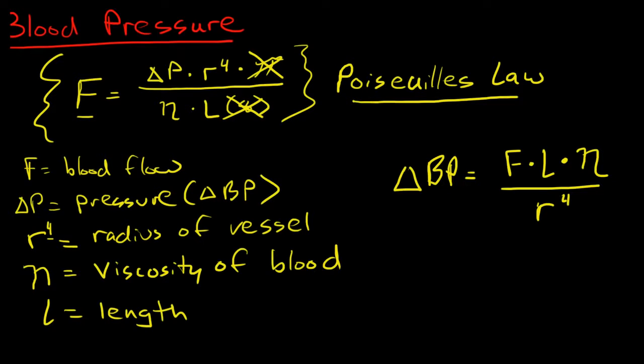Well, if you wanted to go through the trouble, you could calculate someone's blood pressure that way if you knew the total length of the vasculature, the amount of blood flow, which is going to equal cardiac output, right? And the viscosity of the blood. And what's the viscosity of the blood?